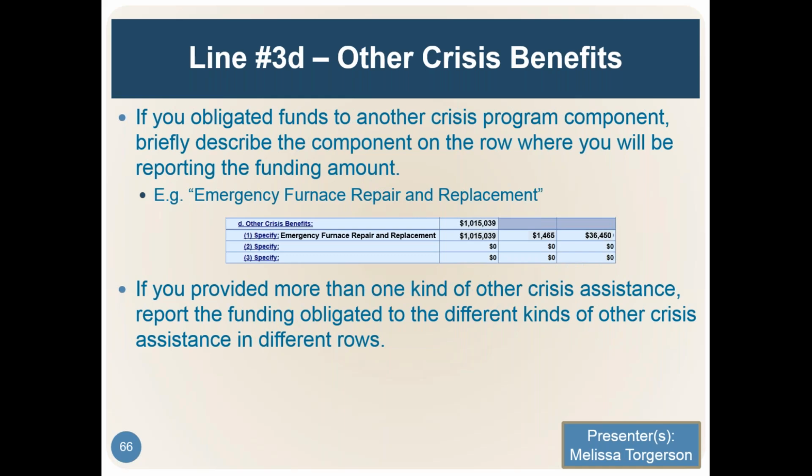And so don't use acronyms here, spell it out: emergency furnace repair and replacement. If the legislator sees this, it's going to be very important for them to see what it actually is and not have to translate an acronym. If you provide more than one kind of crisis assistance, report the funding obligated to the different kinds in the different rows.